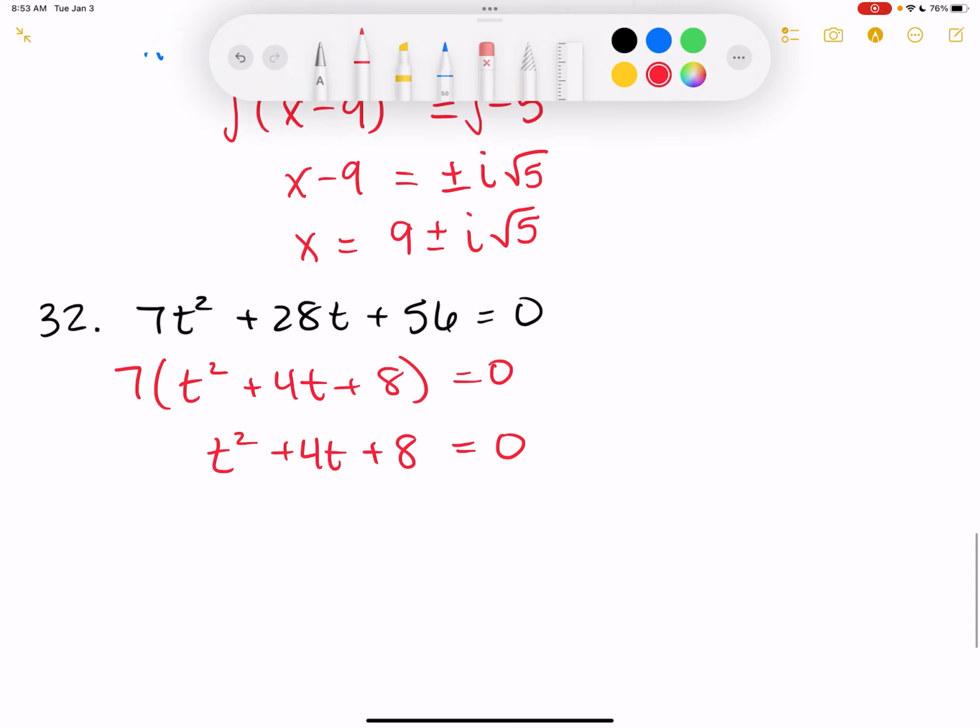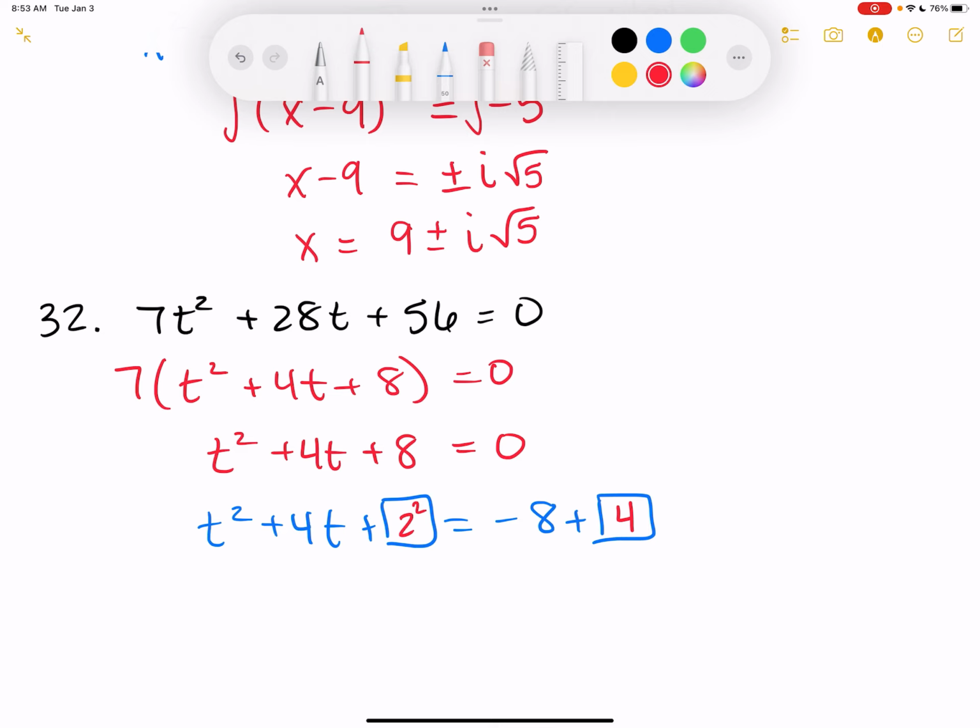So how would I proceed with completing the square? What would I need to do now? Move the 8 over, so t squared plus 4t equals negative 8. I'm going to add my boxes to both sides. And what goes in the box? 2 squared, or 4.